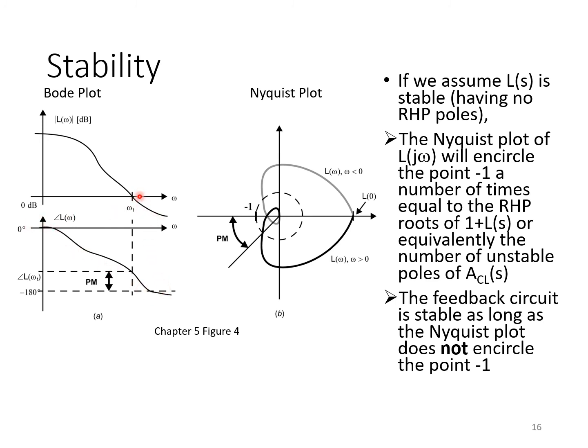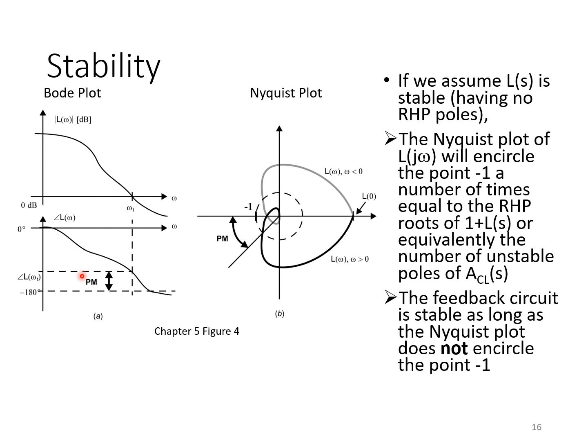We look for a key point, specifically the unity gain frequency of L, the point at which its magnitude response is equal to unity or 0 dB. And then considering the phase response at that same frequency, we're looking for some phase margin. That is, we're looking for the phase response to be above negative 180 degrees, and the amount by which it exceeds negative 180 degrees is the phase margin of the feedback amplifier.